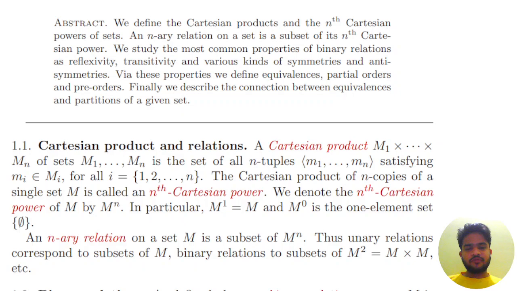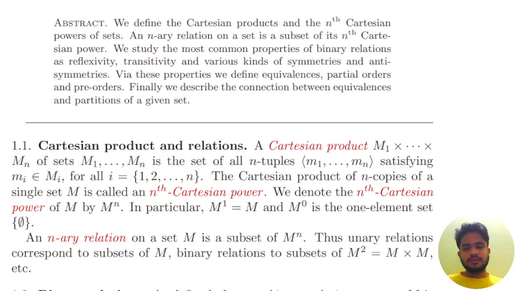The Cartesian product of n copies of a single set M is called an nth Cartesian power. We denote the nth Cartesian power of M by M power n. In particular, M power 1 equals M and M power 0 is the one-element set, which is also called the null set.